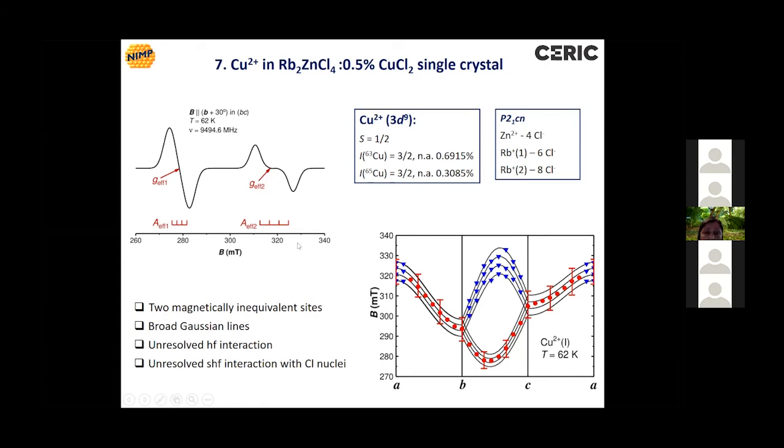And more than this, they should be coordinated by chlorine ions, which also have two isotopes with spins 3/2. Therefore this Gaussian line without the hyperfine of the copper evident on them. So this Gaussian broadening is due to unresolved hyperfine structures.